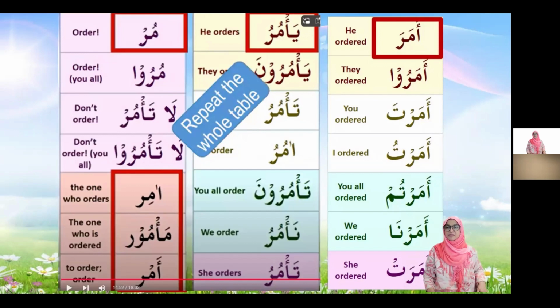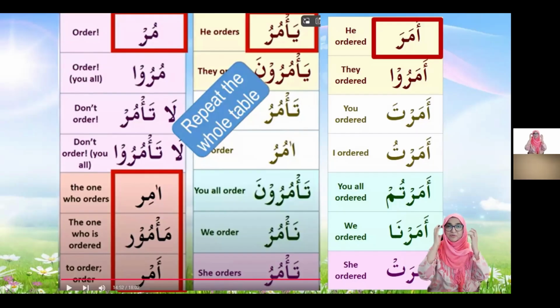Let's practice. We'll just keep practicing together, all of them. Madi: amara, amaru, amarta, amartu, amartum, amarna, amarat. Ya'muru, ya'muruna, ta'muru, amuru, ta'muruna, na'muru, ta'mur. So here, because of the habit, you could say amuru.